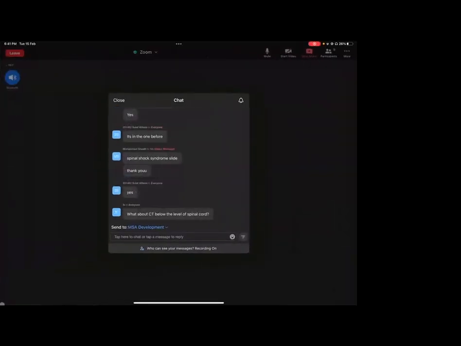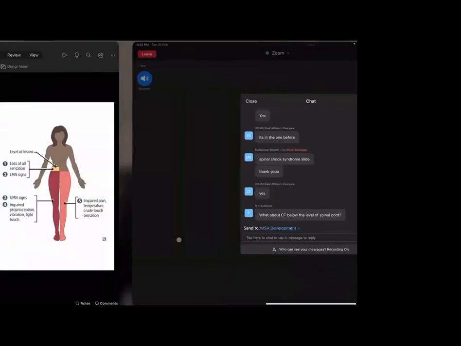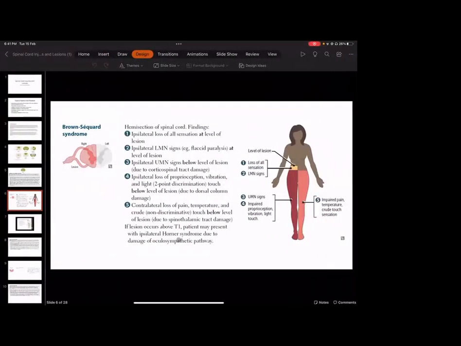What about the corticospinal tract below the level of the spinal cord? Below the level, as I said, it's going to be affected. That's why the corticospinal tract, when it is affected below the level of the lesion, understand this. You cut something at this level.